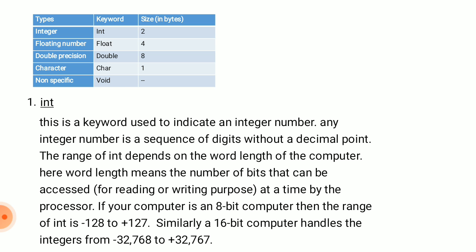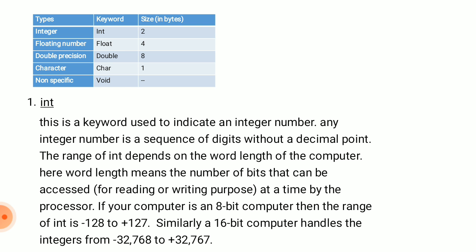Second one is floating point number. The keyword is float, and the storage capacity of float is 4 bytes. Double precision has the keyword double and the storage capacity is 8 bytes. This is double of the float.